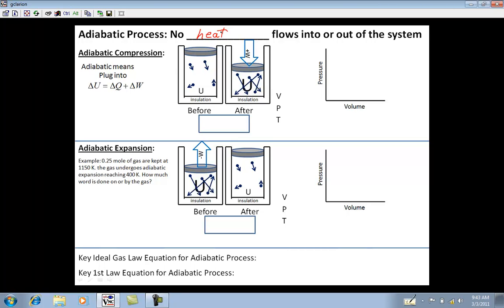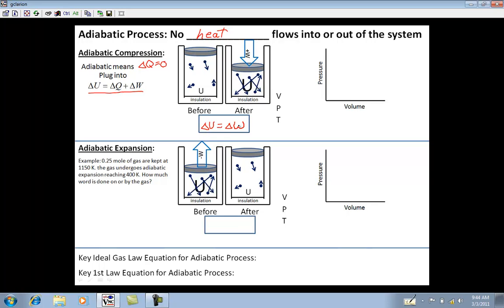In an adiabatic compression, if there's no heat, what does that tell us about delta Q, the change in heat? It is 0. Okay, so that's going to equal 0. All right? If I plug that into this equation, what do I end up with? Delta U equals delta W. Good. I end up with delta U is equal to delta W.